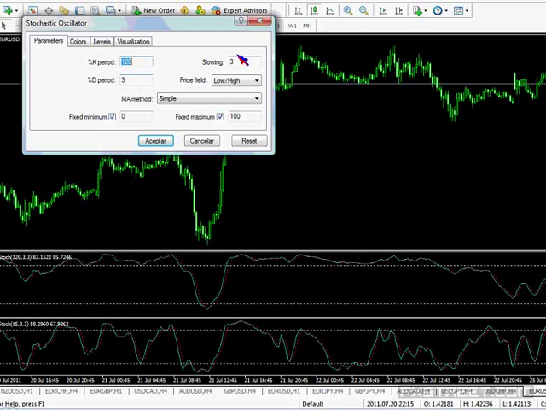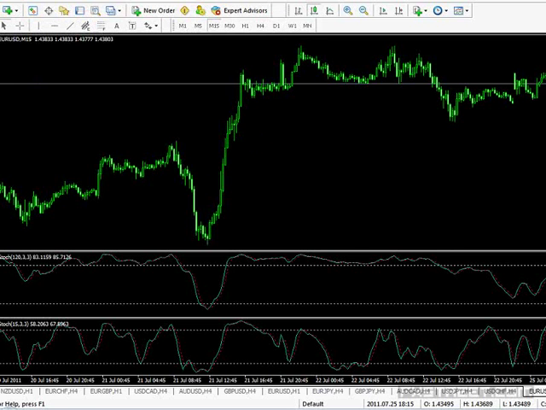And the fast one is a 15 period, 3, 3. So I will close this, and as you may see, we have a very slow stochastic oscillator and a very fast one in comparison. So how do we work with these two stochastic oscillators?